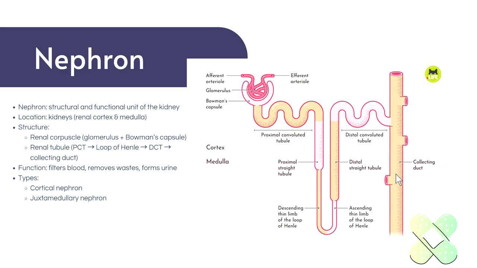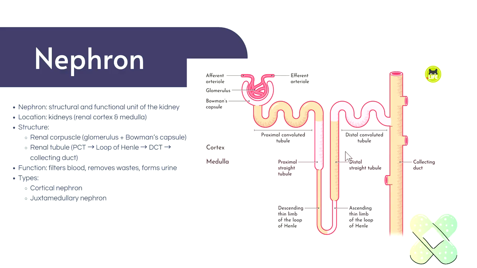That's why it's very important for today's topic to understand what a nephron is: our kidney has a smallest unit which is called a nephron, and there are millions of nephrons found within the kidney. The second thing to understand is that the kidney is made out of cortex and medulla, and we can find nephrons in both the cortex and the medulla. The third thing which we have to understand and remember today is the structure of a nephron.